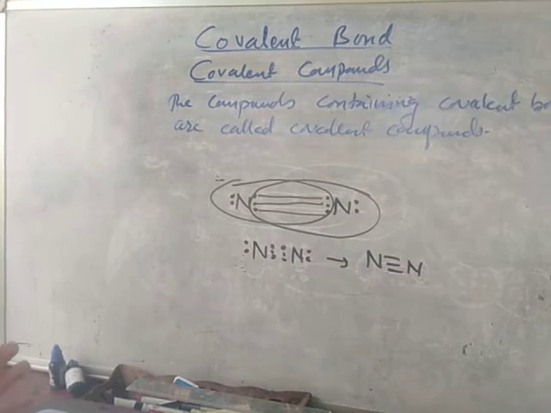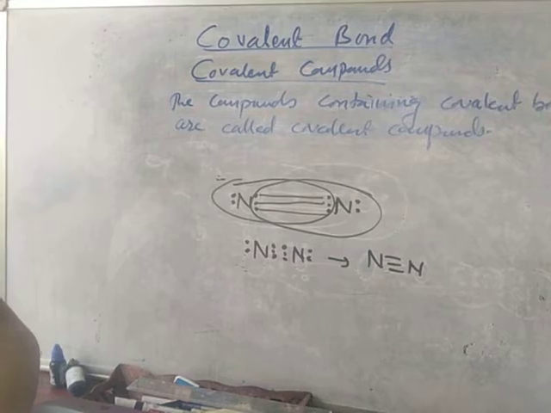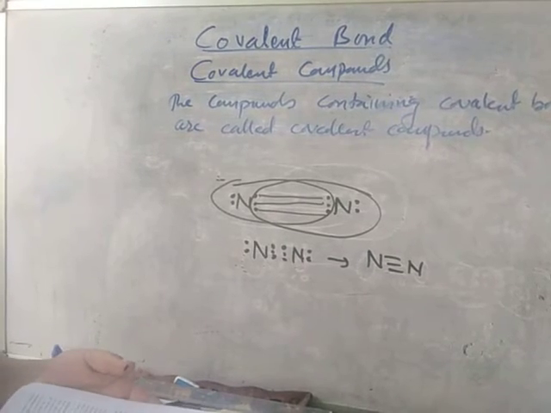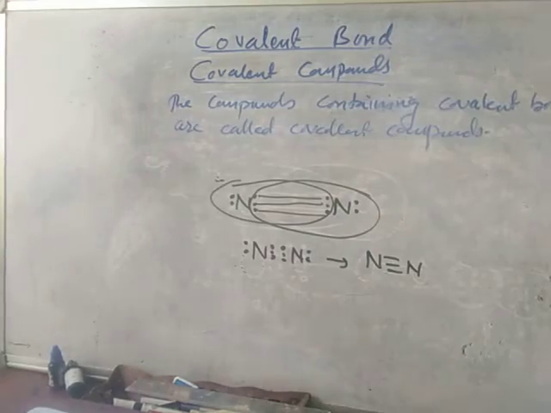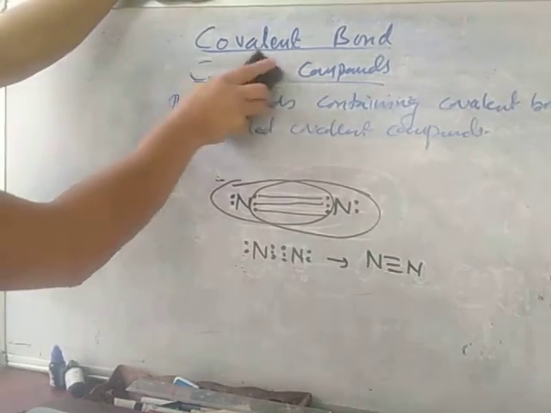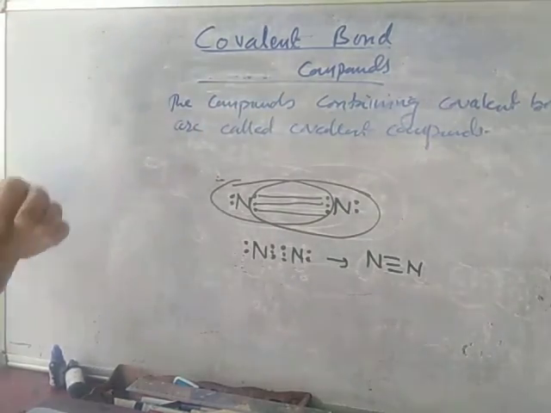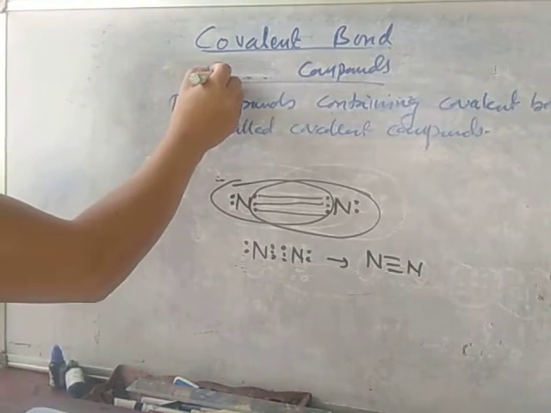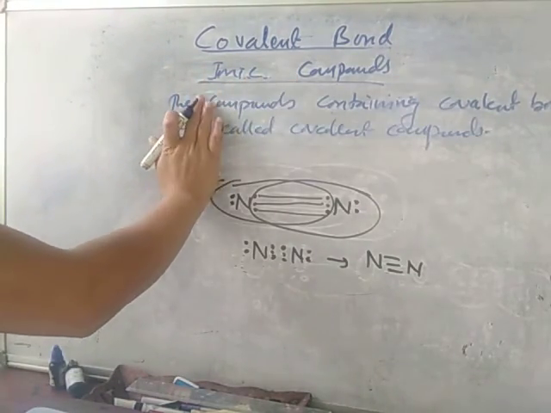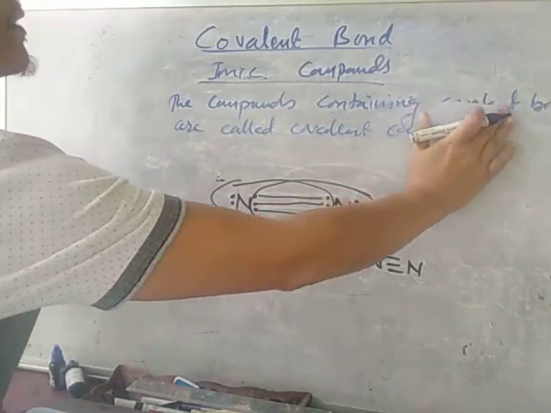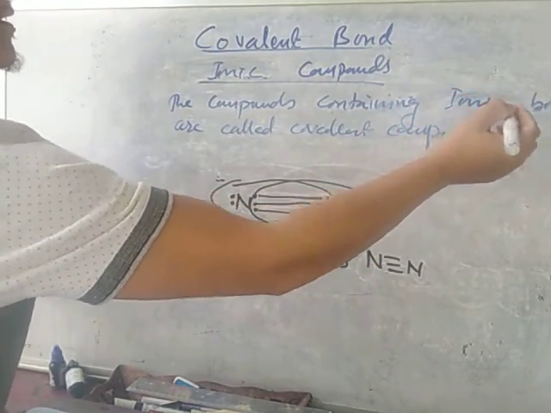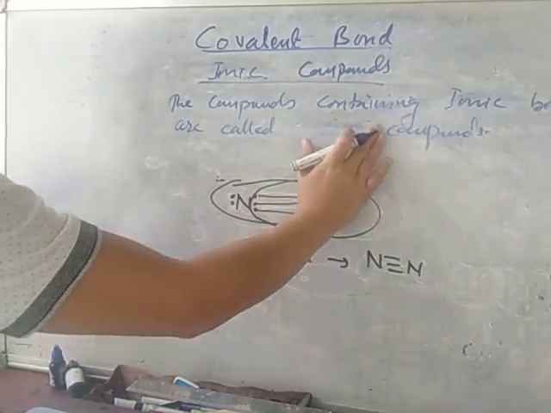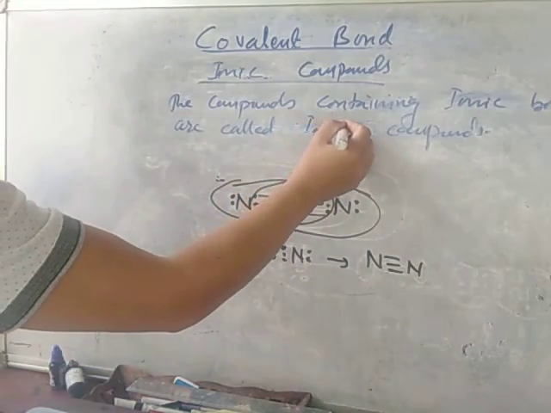Okay, so next write down properties of ionic compounds. If you want to define ionic compounds, then just change this one: compounds containing ionic bonds are called ionic compounds.